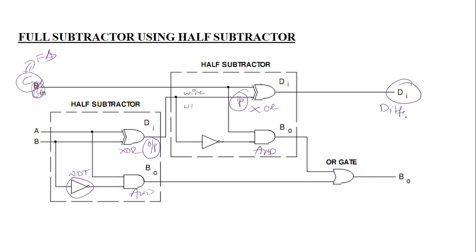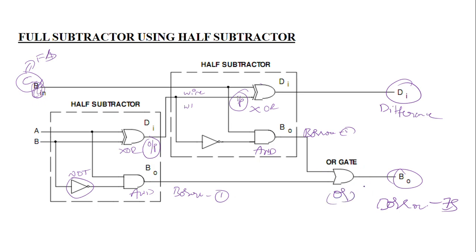The full subtractor borrow is not obtained directly. As in the full adder, where the carries of the two half adders are ORed, here the borrow of the first half subtractor and the borrow of the second half subtractor are ORed, and then we get the final borrow of the full subtractor. So we get the difference and borrow.